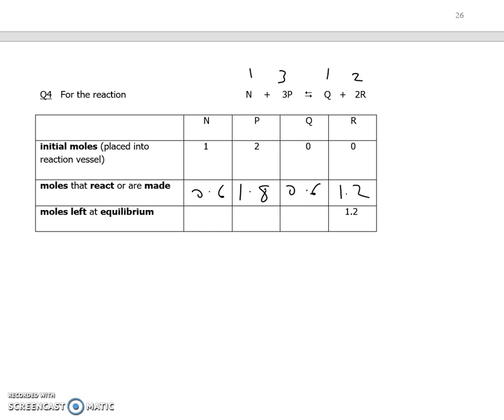So at equilibrium we'll have 0.4 moles of N, 0.2 moles of P, and we'll also have 0.6 moles of Q.